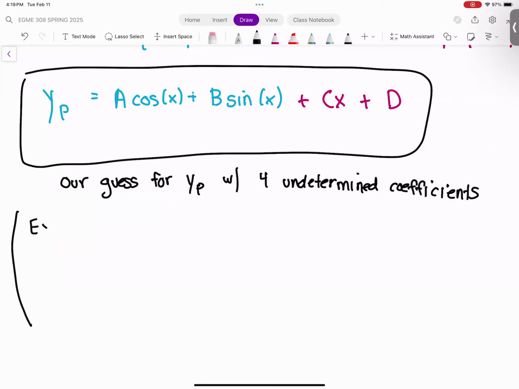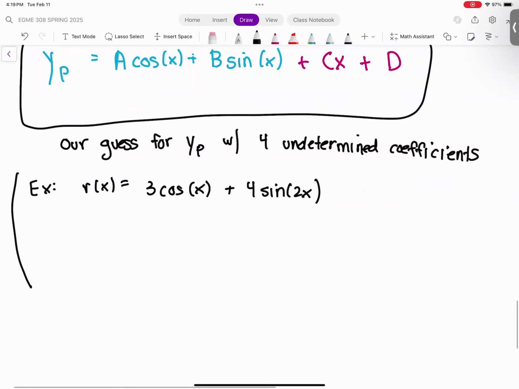Let's say your r of x is 3 cosine of x plus 4 sine of 2x. So you actually have two different trig terms with 2 different sinusoids, or 2 different frequencies, excuse me. In this case, you have to account for both of these frequencies.